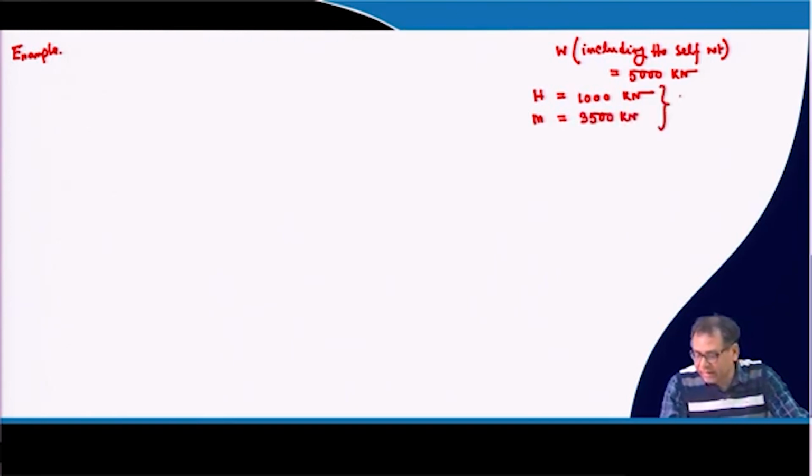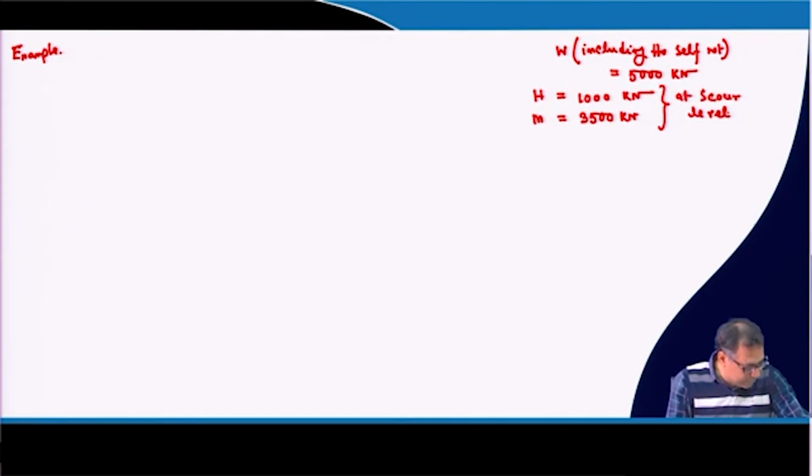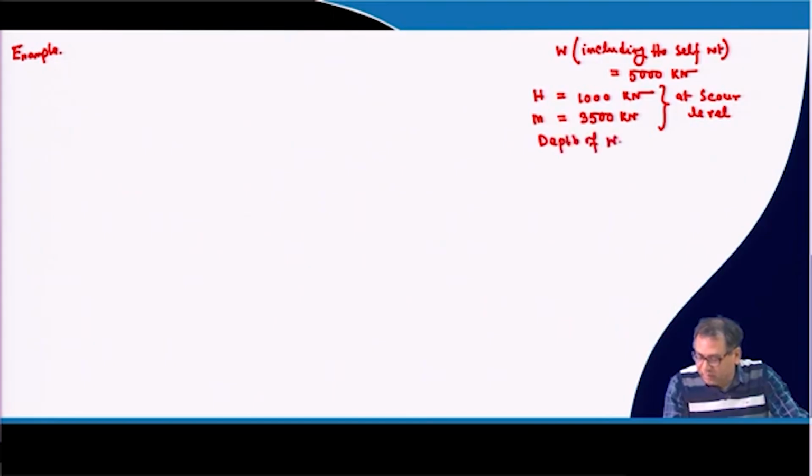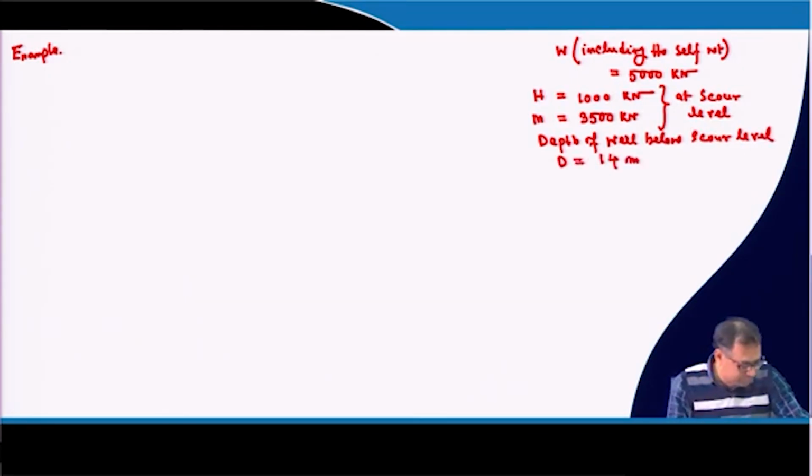So, both are acting at scour level. Then the depth of well below scour level, that means D is equal to 14 meter.